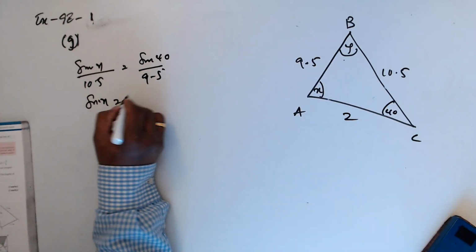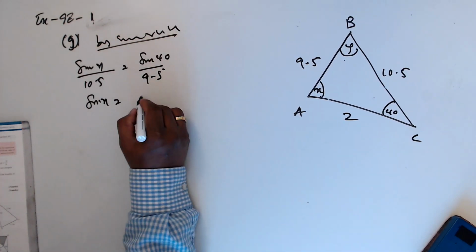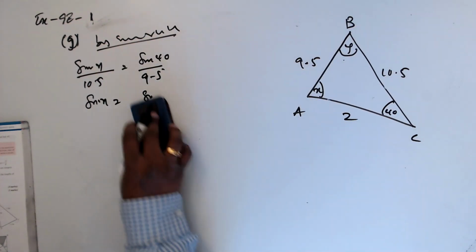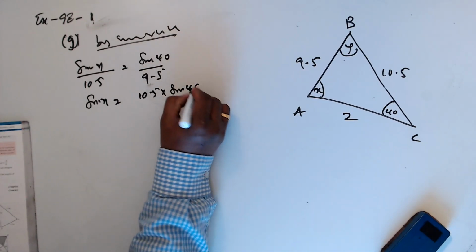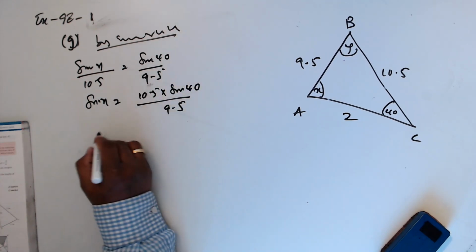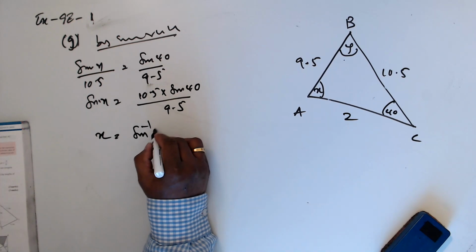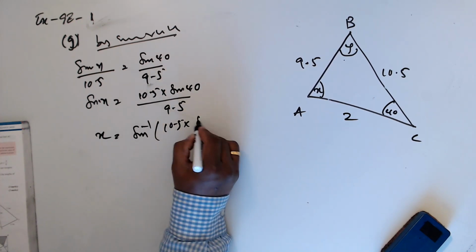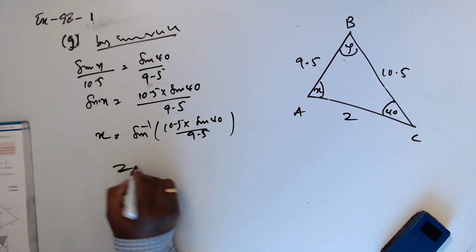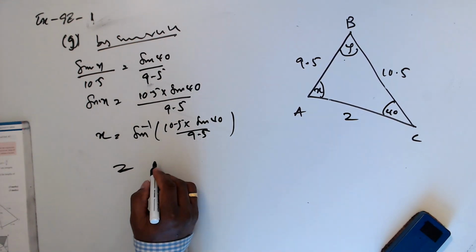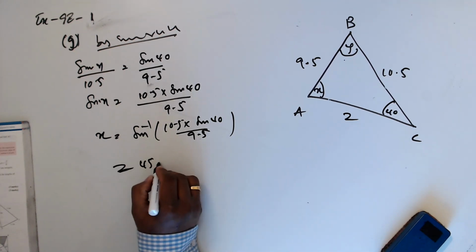So sine x equals, by the sine rule, 10.5 times sine 40 over 9.5. X equals sine inverse of 10.5 times sine 40 over 9.5. Then x equals 45.27.